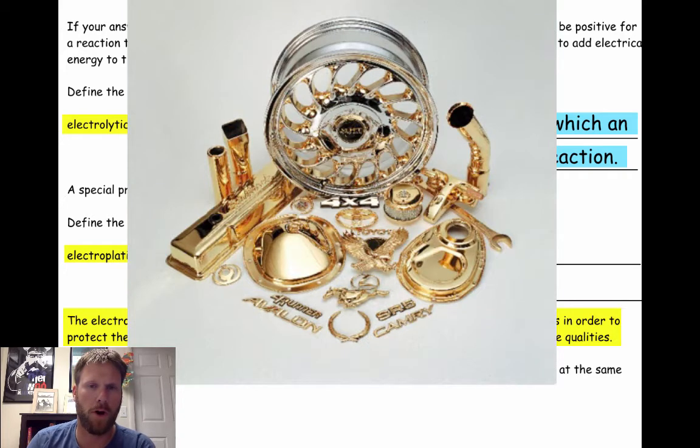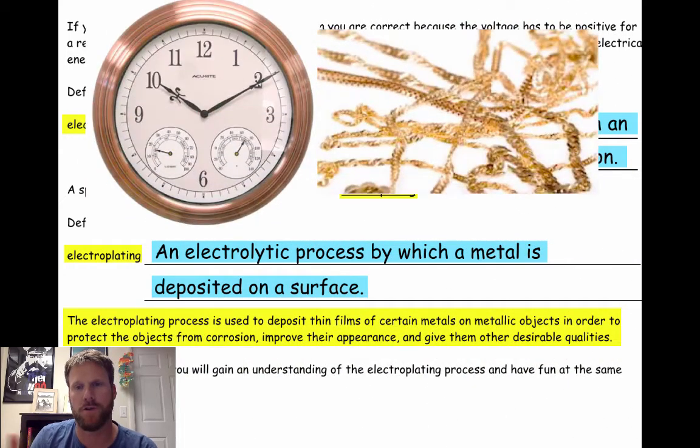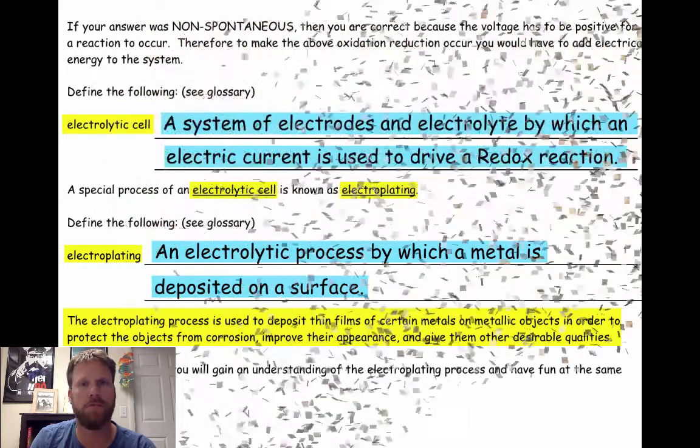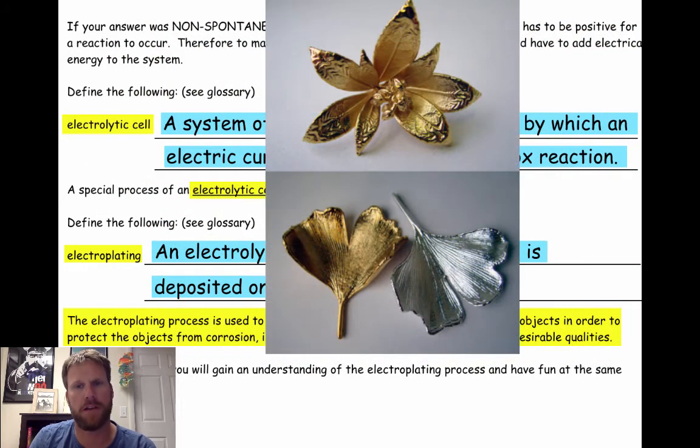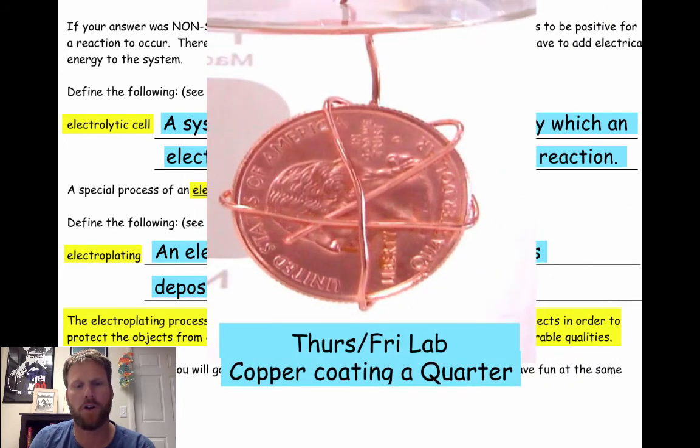Chroming out car parts actually helps protect them from oxidation and rusting. Maybe you have some cheap jewelry or a clock at home that is electroplated. You can actually electroplate leaves and flowers. And that's kind of a cool little piece of art. We are going to electroplate a quarter. We're going to put a coat of copper metal onto a quarter.